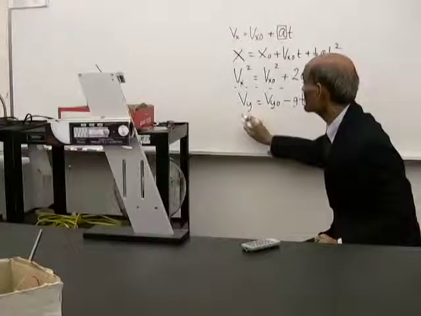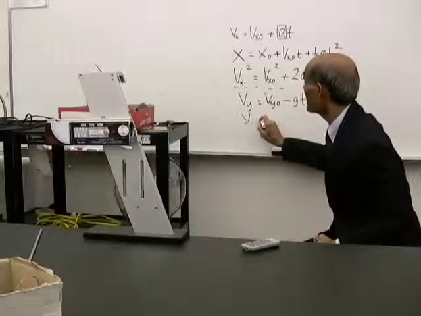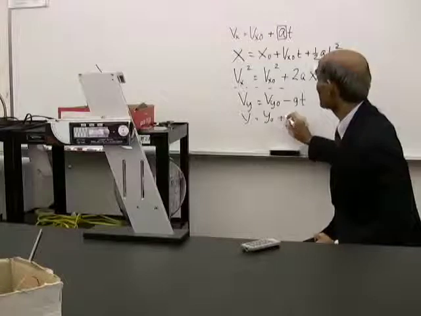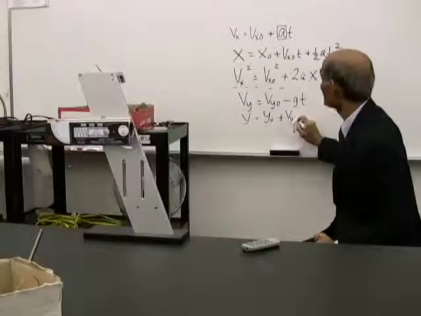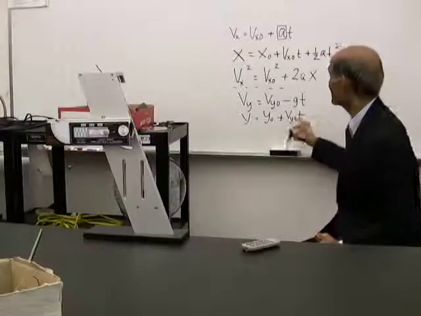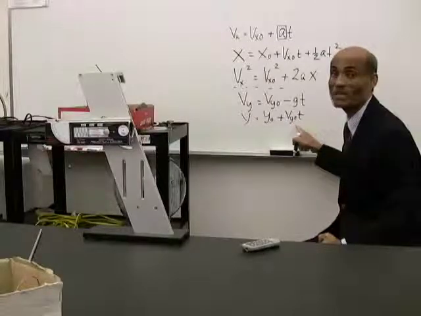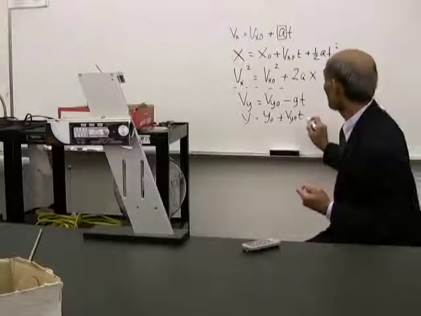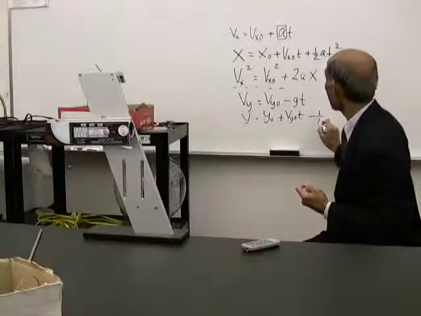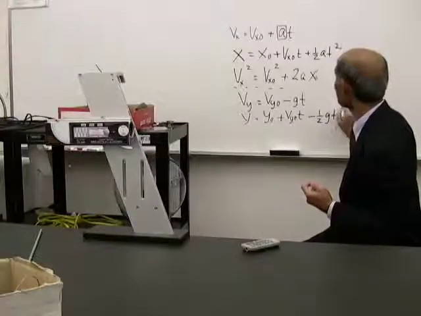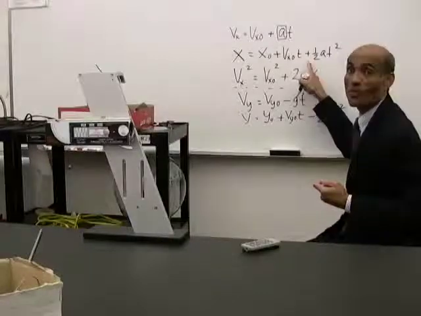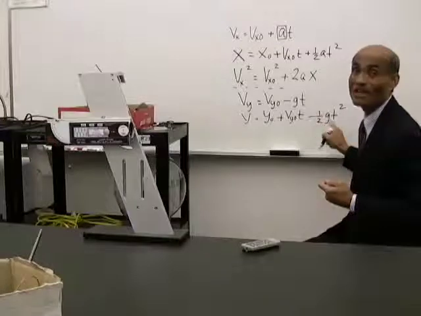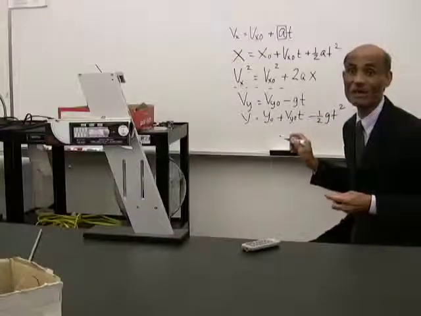And the displacement equation: y equals y0 plus Vy0 t. What does Vy0 stand for? Initial y velocity. Minus 1/2 gt squared, because plus 1/2 at squared becomes minus 1/2 gt squared.